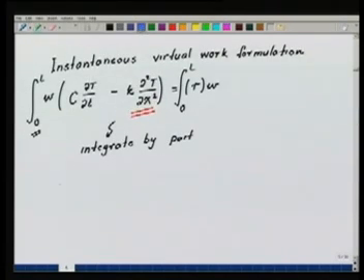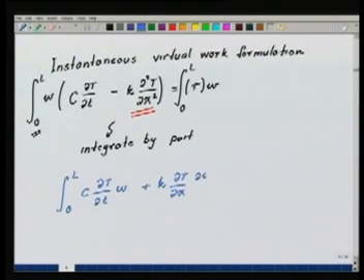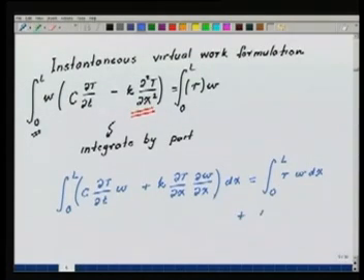So how do we take it? Integration by parts once will give, watch this very carefully, the integral of C w plus k del t del x del w del x dx is equal to the integral from 0 to L of r w dx plus k del t del x into w evaluated at 0 and L. Again, the same issues arise as far as the choice of w is concerned, the admissibility of w.